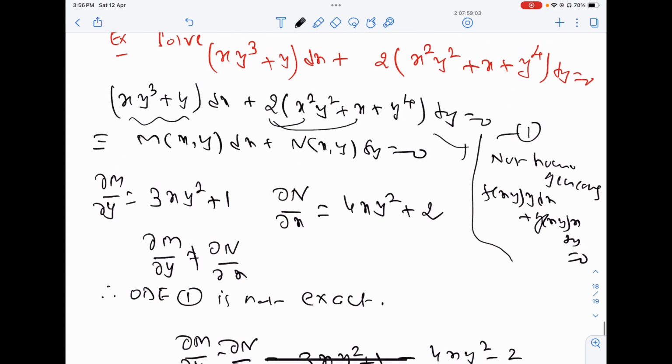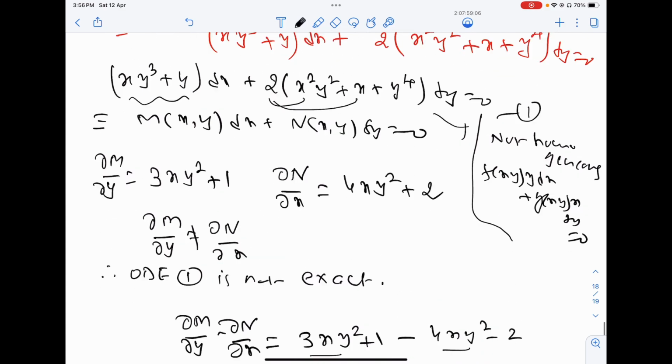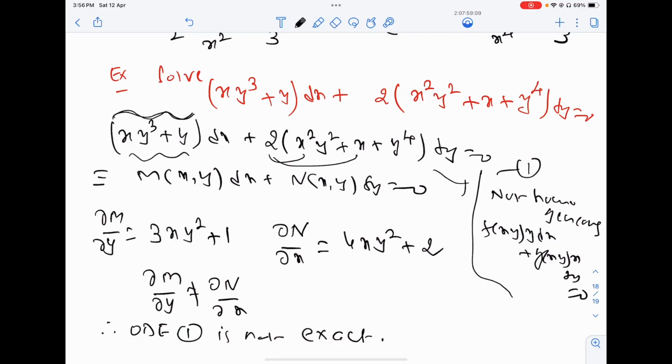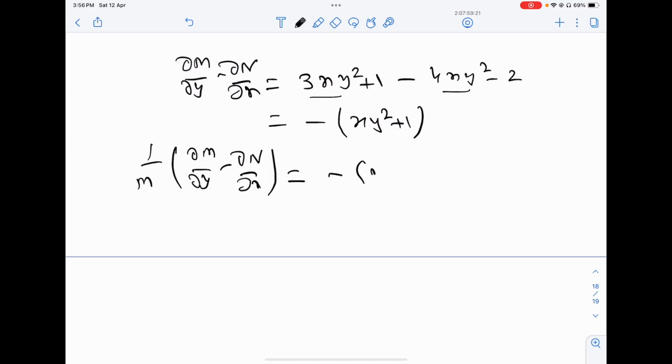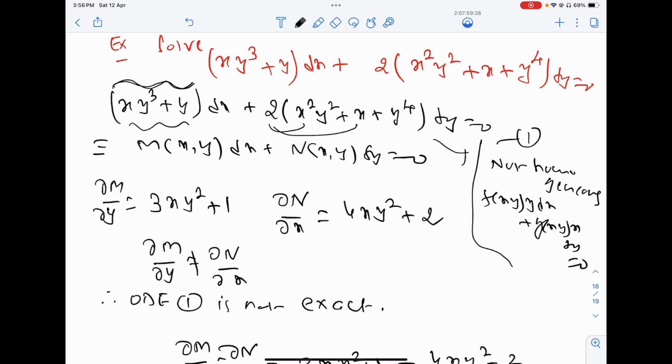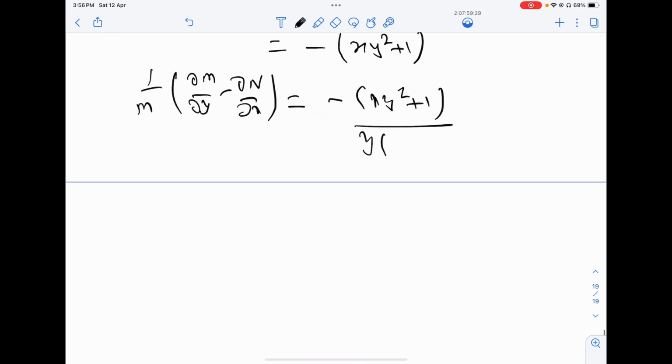So 1 upon M del M by del y minus del N by del x equal to minus xy square plus 1, and in M, xy cube plus y, we take y outside, we have xy square plus 1. So it is 1 upon y, and so that is a function of y only.